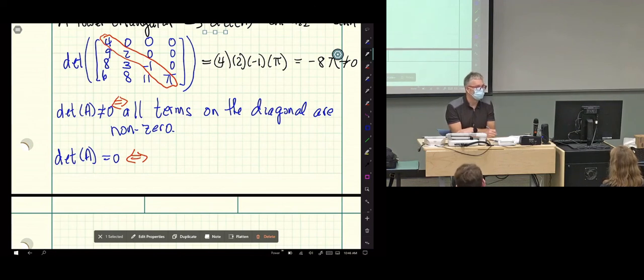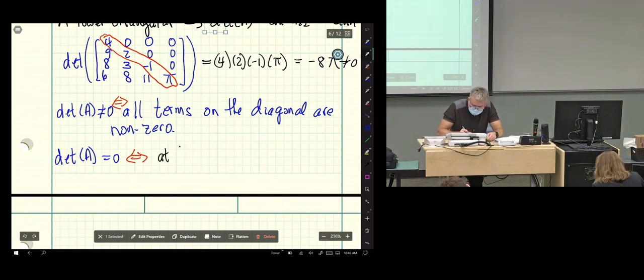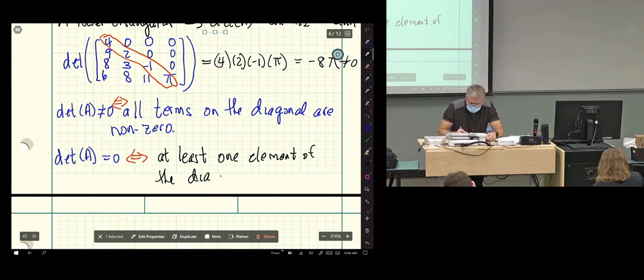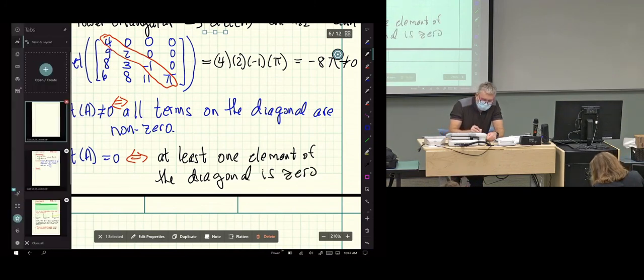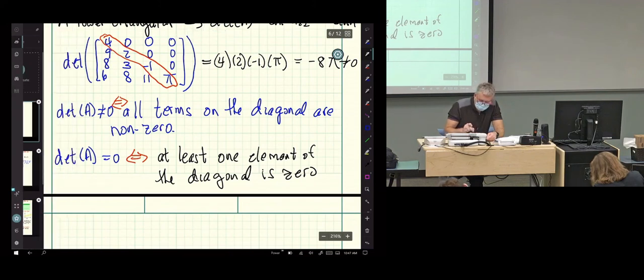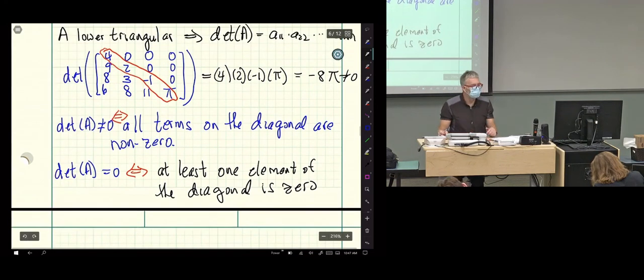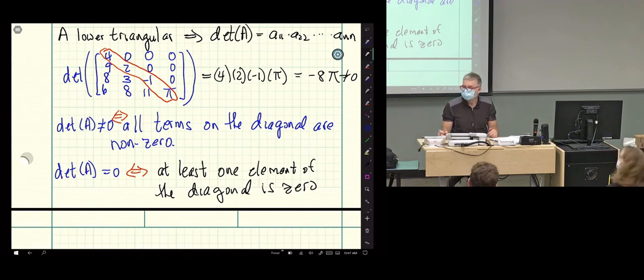That's overkill. We only need 1, because 0 times anything is 0. If and only if at least one element of the diagonal is 0. Okay? So these are shortcuts, and they're important shortcuts when you're dealing with huge systems of equations.